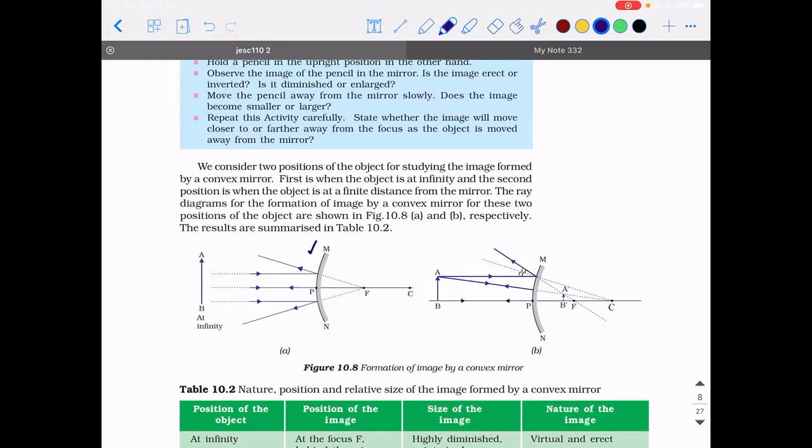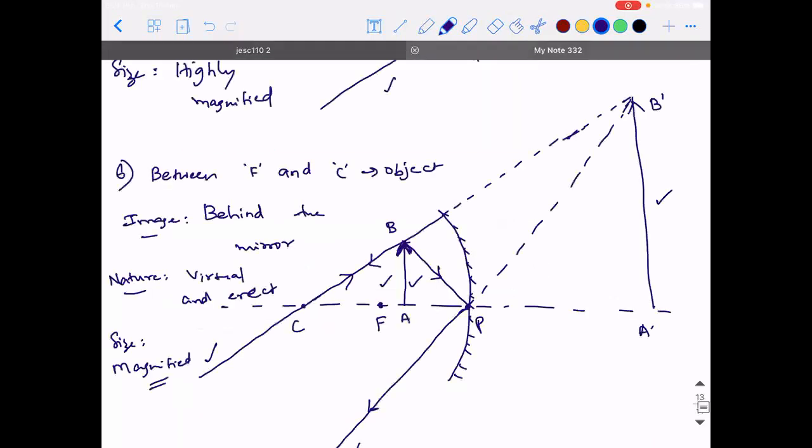Whereas with respect to a convex mirror, all the 3 points, that is the pole, center of curvature, and the focus, all lie on the right-hand side. So with respect to a convex mirror, there are only two possibilities. One is you place the object at infinity, and the other is you place the object in front of the mirror. That's it. Like how I wrote the answer for the image location in this case, I told it is behind the mirror.